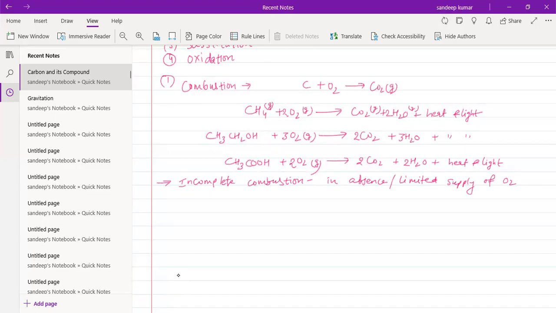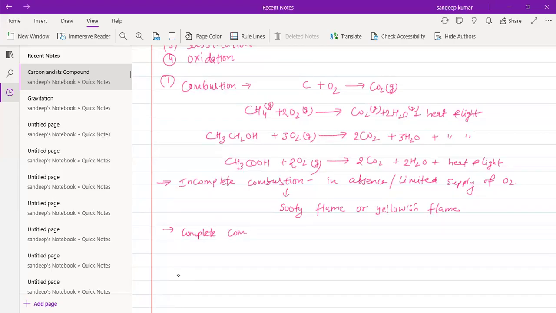In incomplete combustion, any compound will burn with a sooty, yellowish flame. But whenever complete combustion takes place, children, in the presence of air, that is a bluish flame.